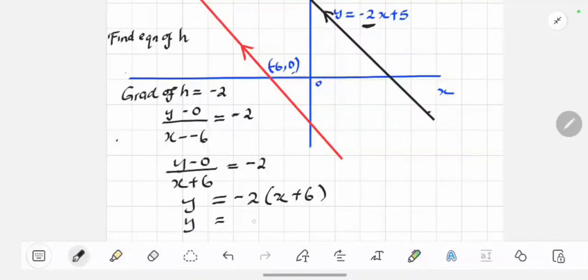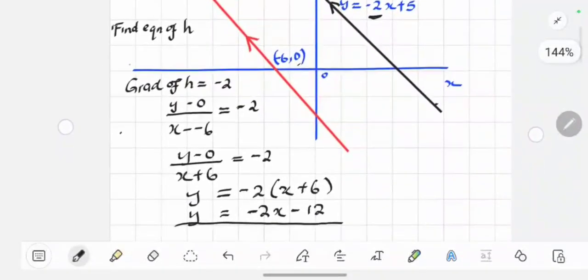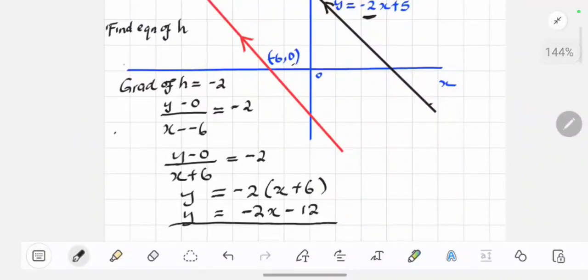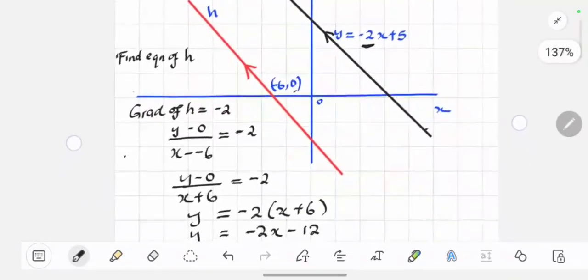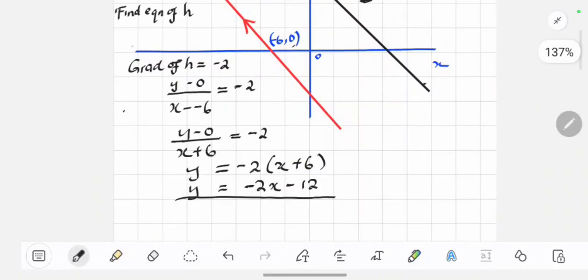Y is equal to minus 2x minus 12. So this is now the equation of the line H which we are deducing, because what we have to take note is the gradient of lines which are parallel is the same. So this is how we do it when we are to find the equation of a line.